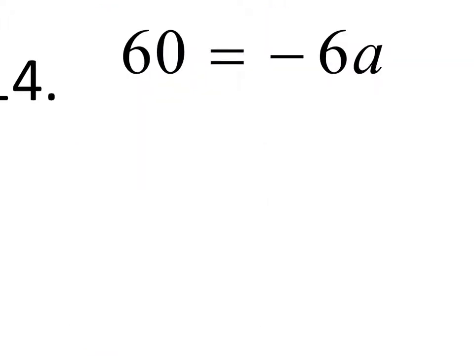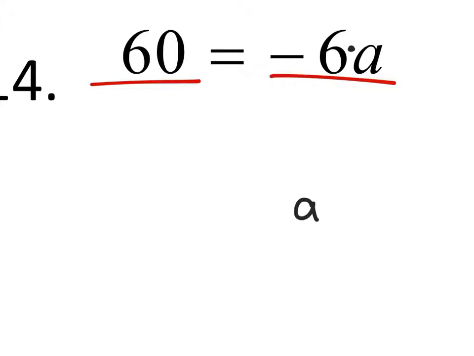14, 60 equals negative 6 times a. So we need to identify that. To get rid of multiplication, we'll just divide. But if I do it to one side, I got to do it to both. Now, again, the objective is to make this a 1a right here, so that we just have an a all on its own. Of course, we don't really need the 1 there either. So I got negative 6 there. How do I get that negative 6 to become a 1?